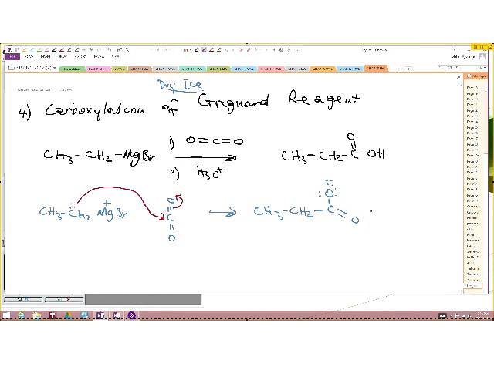And then once you form this carboxylate here, at this point, this is where you now add the dilute acid. You have to make sure that the reaction has finished completely before you add your dilute acid. If you don't do that, there will be no reaction. Now you simply grab the proton here, and that will be the mechanism of the Grignard reaction with carbon dioxide.